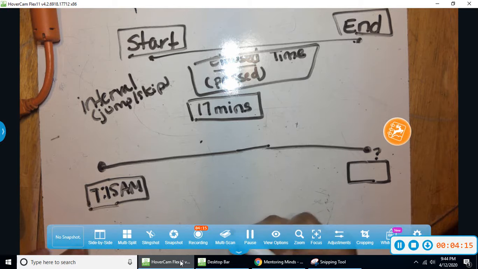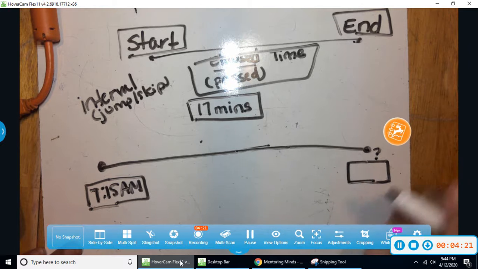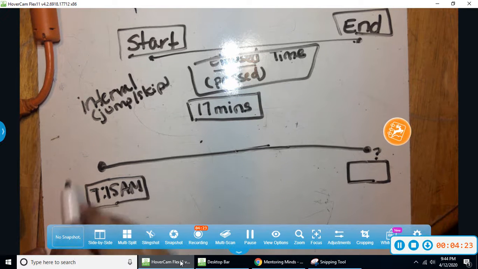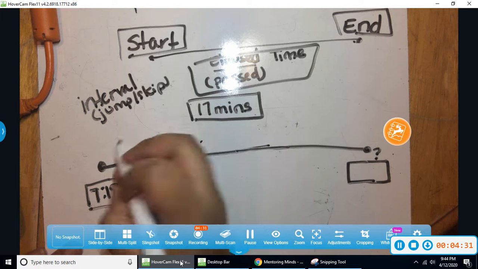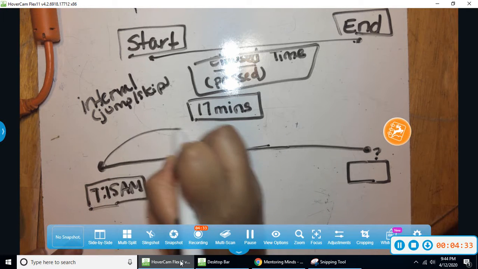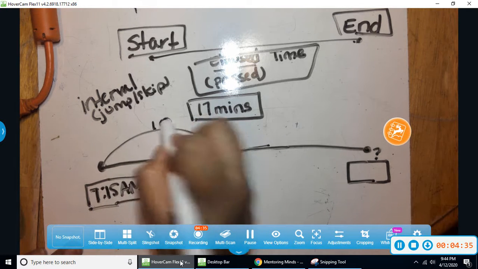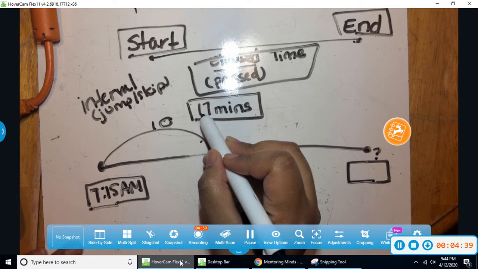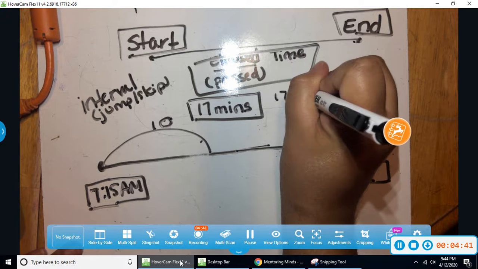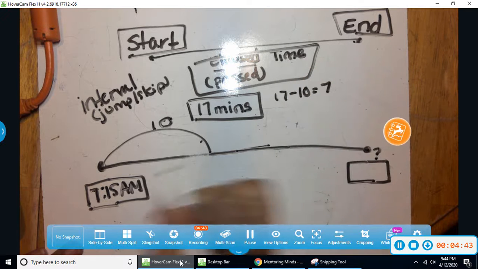So I'm actually going to break the 17 up. They did it by 5. I like to take 10 away because 10 would just take away from my 10s. When I'm adding or subtracting my 10s, if I take 10 away from 17, that's going to leave me 7.